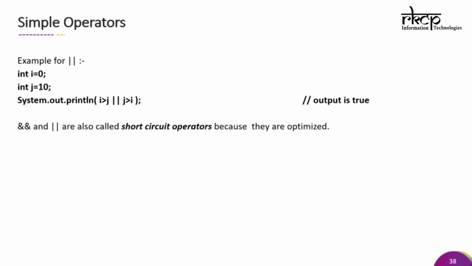We use OR and AND operators most of the time inside conditions. These are also called short circuit operators, meaning double and, double or are called short circuit operators because they are optimized.